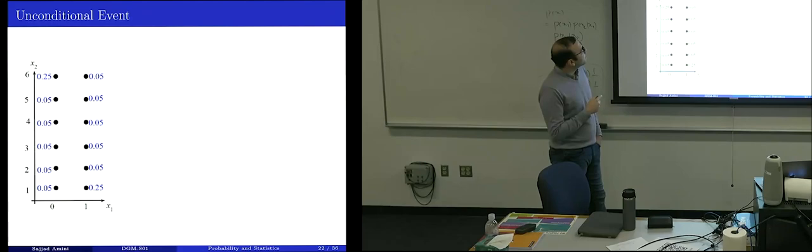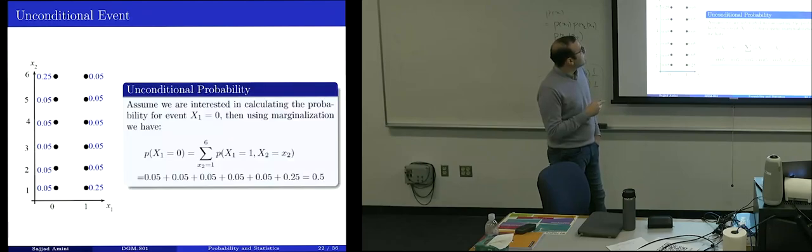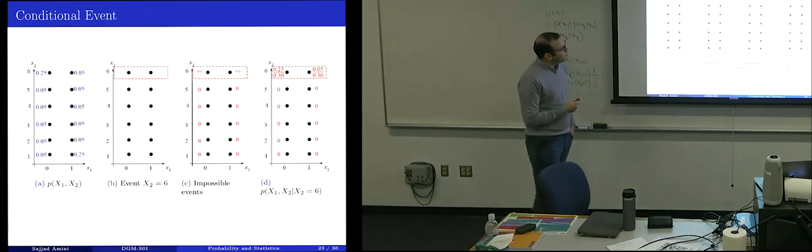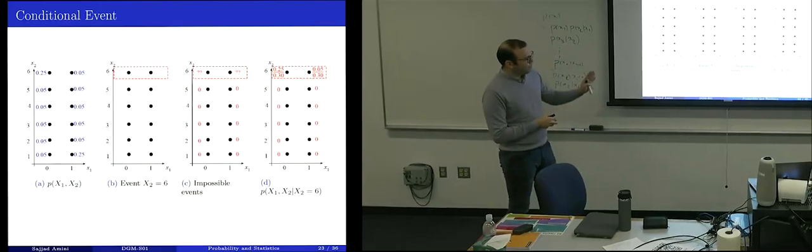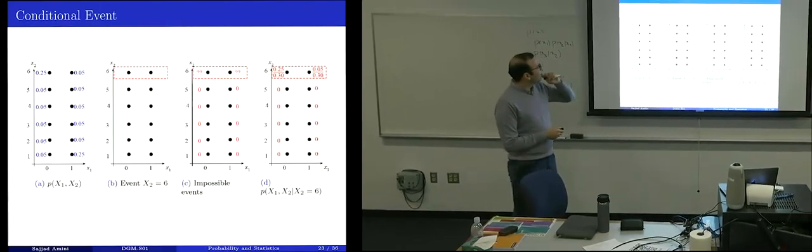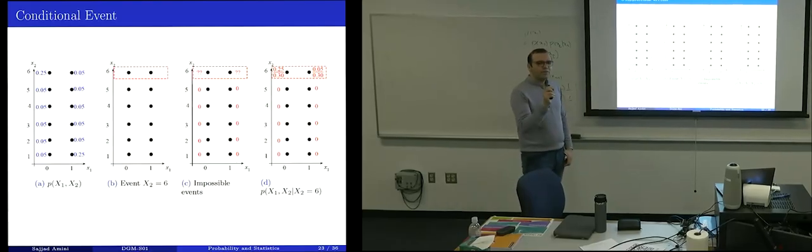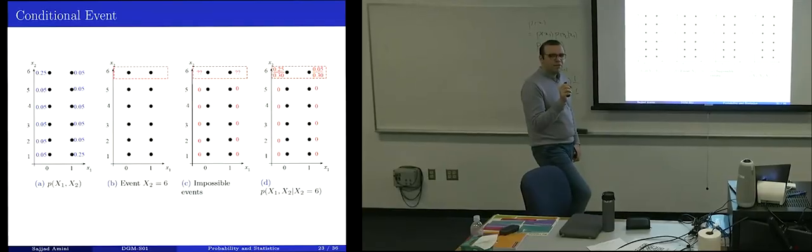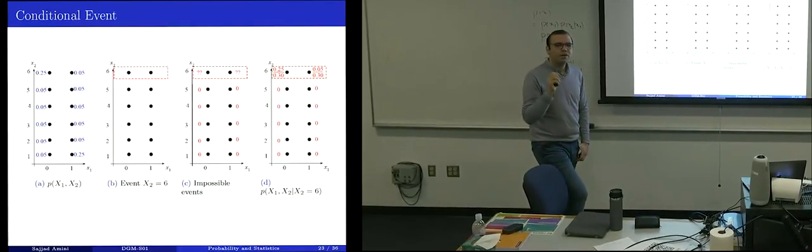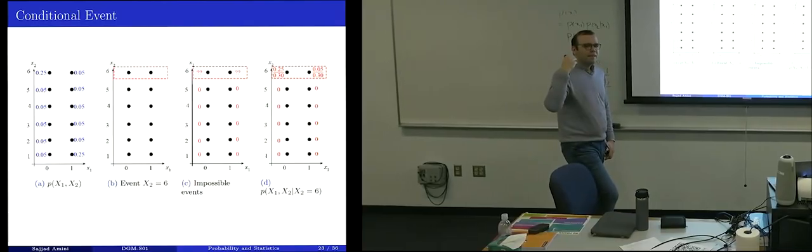But one important point: assume that you have information that the result of the die is 6. You watched that the result of the die is 6. What happened to your belief about the coin?